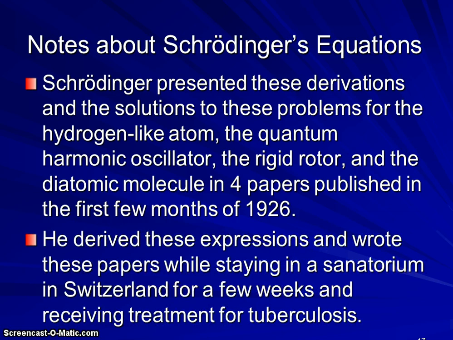He did all this work and wrote all these papers while staying in a sanatorium in Switzerland for a few weeks, because he was receiving treatment for tuberculosis. So he worked out all of the basic ideas of quantum mechanics in a few weeks while he was in the hospital for TB.